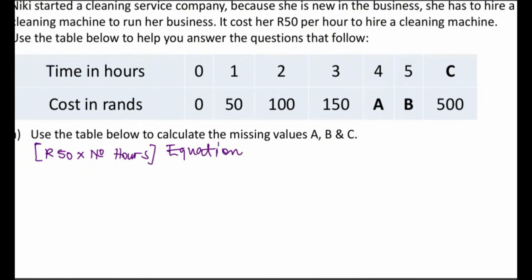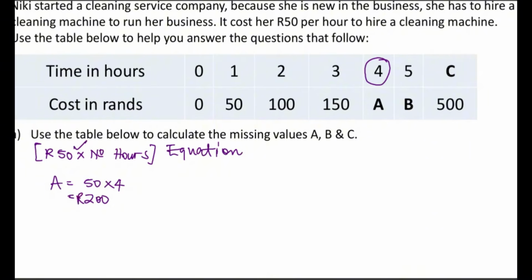So they're telling us to use the table below to calculate the missing values of A. Now they have told us if it's 1, it's 50. What about A? So A is going to be 50 times 4, which equals 200. Why am I multiplying by 4? Because the 50 is per hour. How many hours have we used? We've used 4. So that's why we multiply by 4.